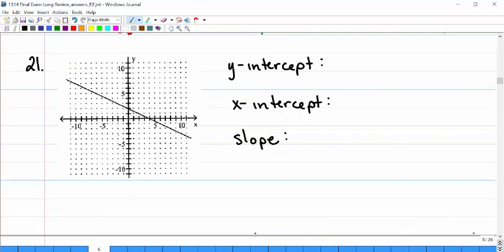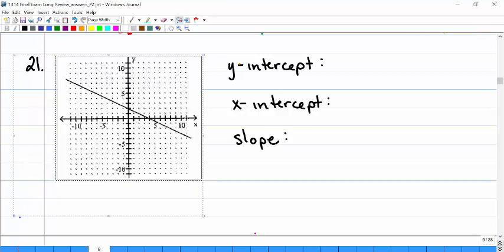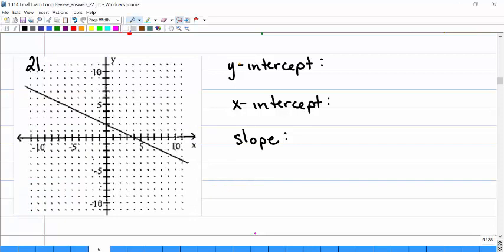For number 21, you're given this graph, and you're asked to find the y-intercept, the x-intercept, and the slope. The y-intercept is where it crosses the y-axis, and it's right here. So it is at the point 0, 2.